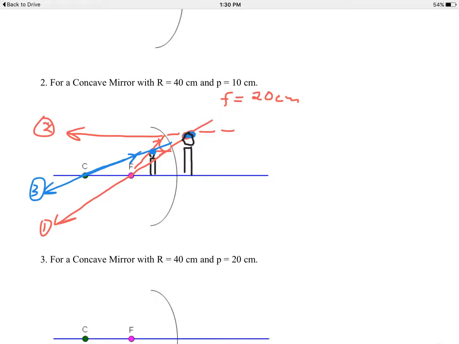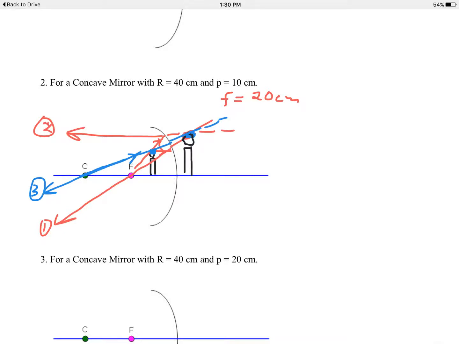You only need to draw 2 of the 3 rays, but if I drew the third one here as optional, that one also, if you extend it backwards, intersects at that same image point. Once again, verifying that is indeed the image location of the flame of the candle. That's not where the actual candle is, that's the image of the candle. It's behind the mirror.